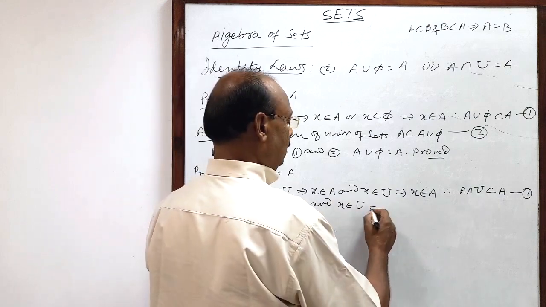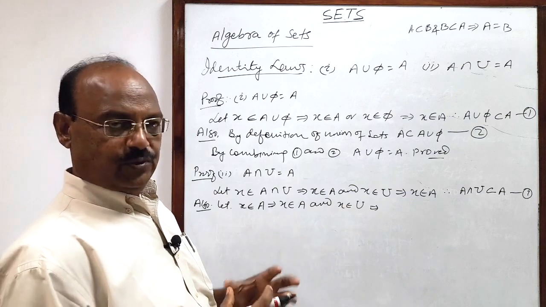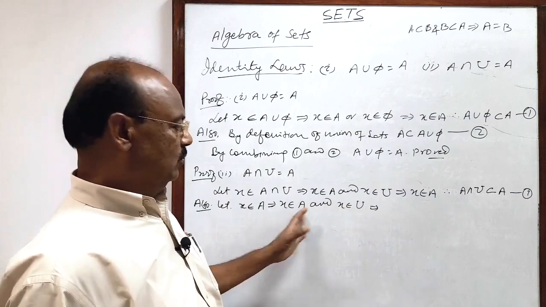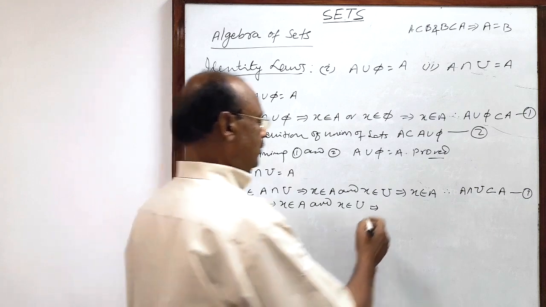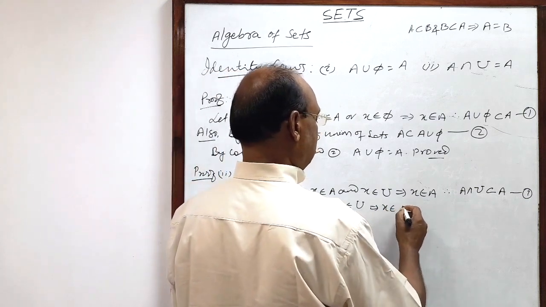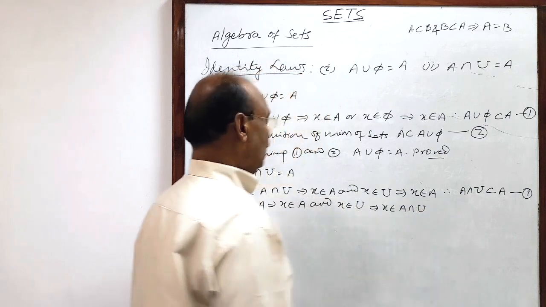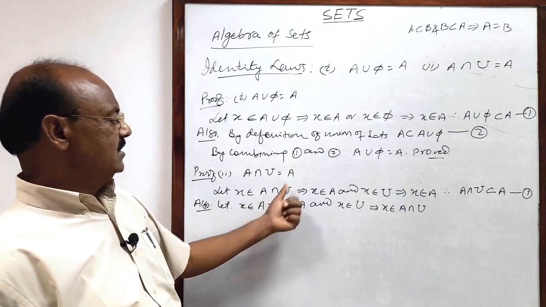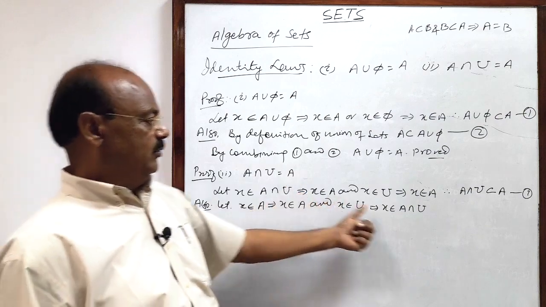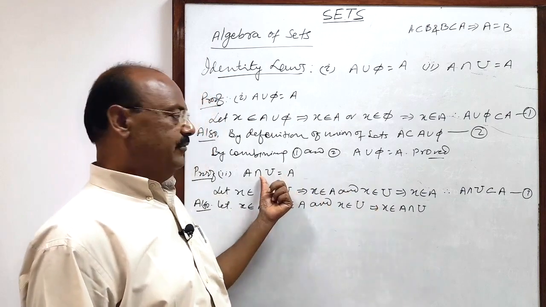What does it mean? It means that X belongs to the intersection of these two sets. Belonging to both sets, so definitely intersection means common. So therefore X belongs to set A intersection universal set. Now you see here we started from X belonging to the set in the right hand side, and we are coming to the same element X belonging to the set in the left hand side.